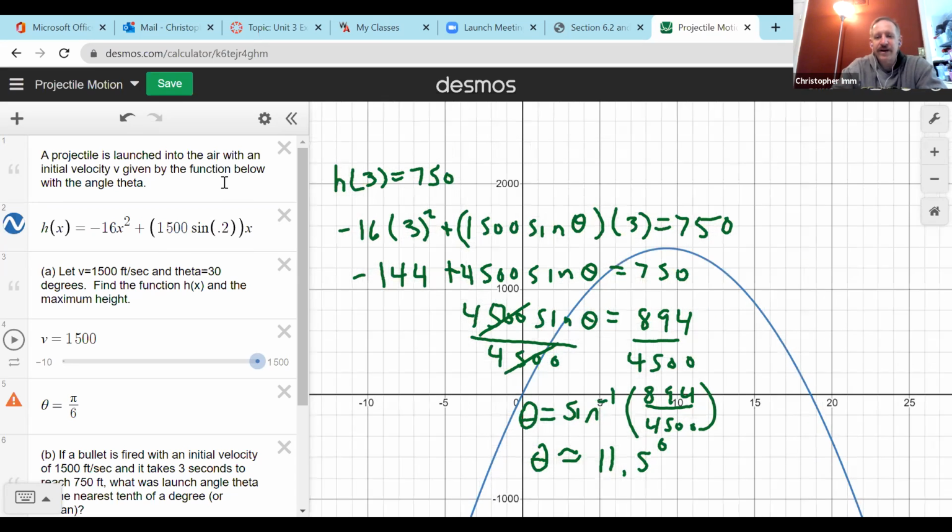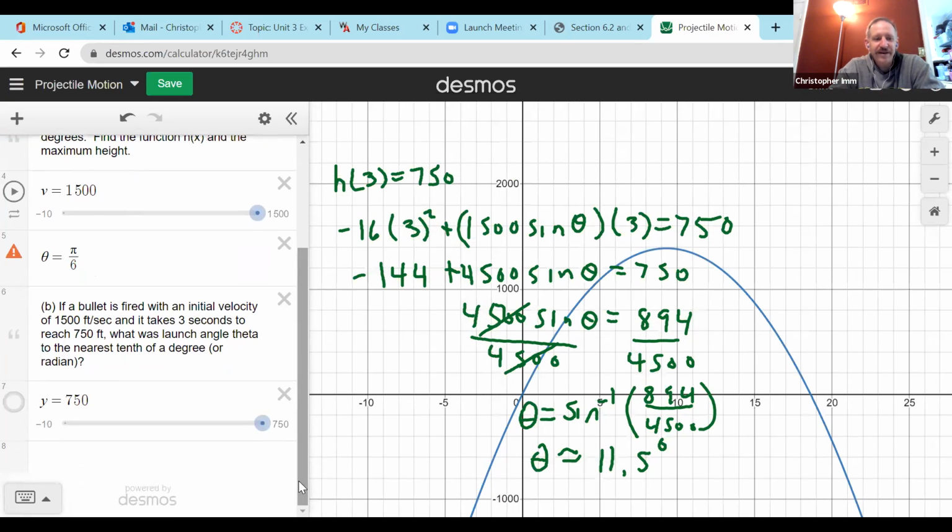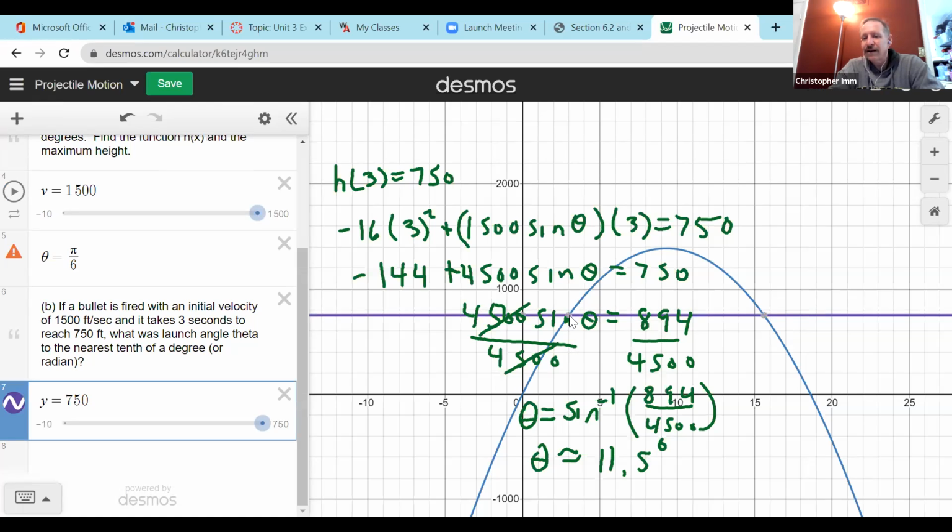So in this case, my equation looks like that. And if I want to find what's happening after 3 seconds, hopefully after 3 seconds, it should be 750. Let's just see. 1, 2, 3, up 750. Yep, that's where they intersect right there.